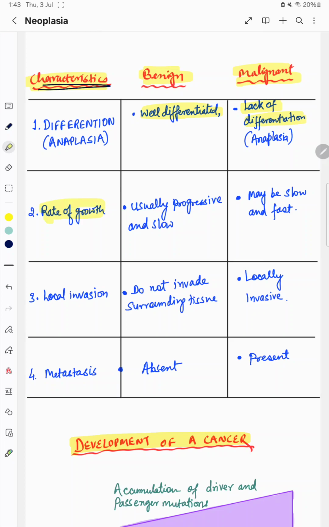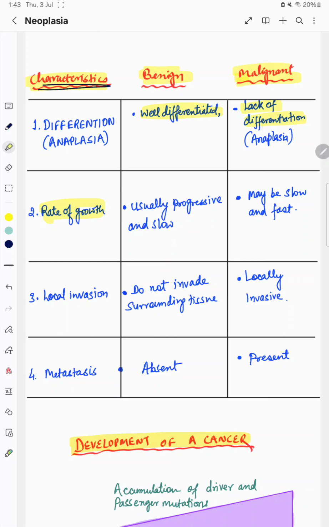Rate of growth: benign tumors usually grow slowly and progressively, but malignant ones may grow slowly, or there can be very fast growth in a malignant tumor.